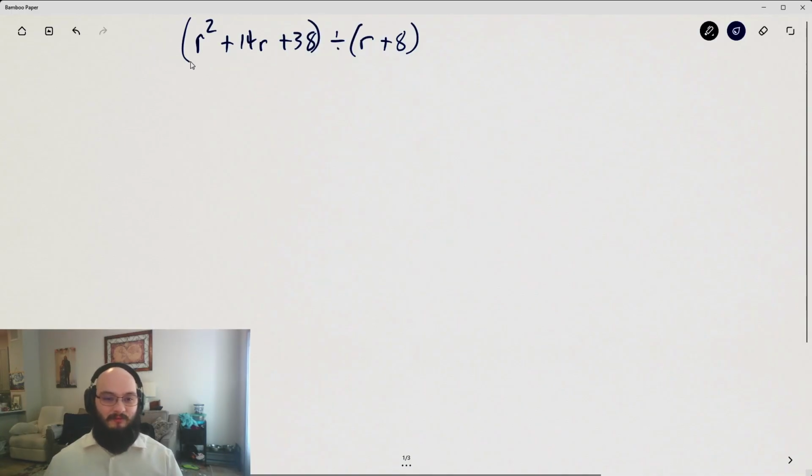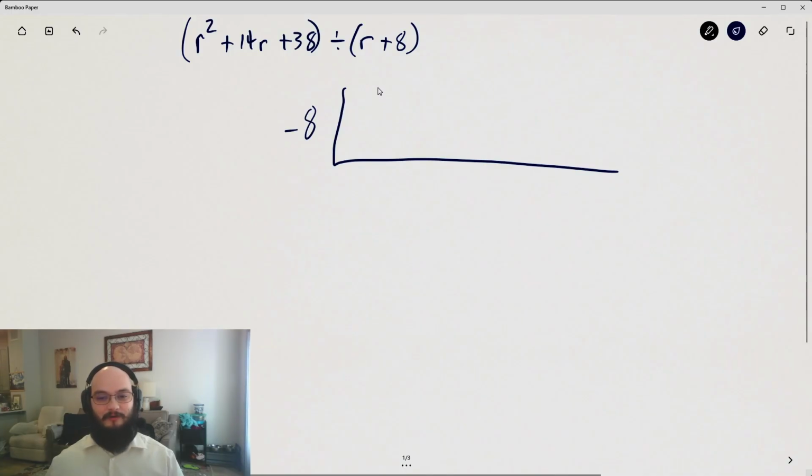For our next example, we have r squared plus 14r plus 38 divided by r plus 8. Write out our box, and our root is -8. Our coefficients are 1, 14, and 38. As always, first step is dropping down this number.